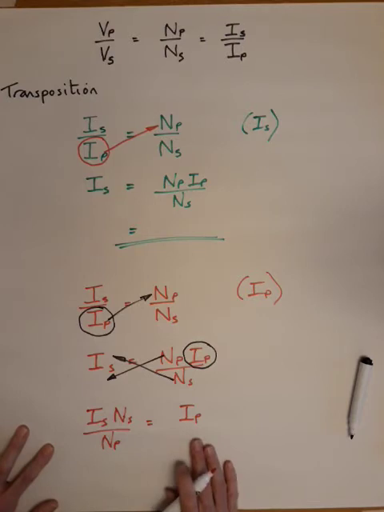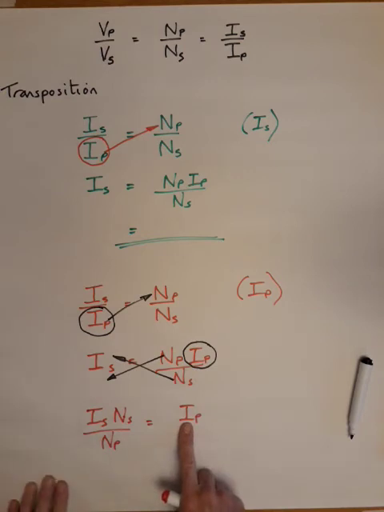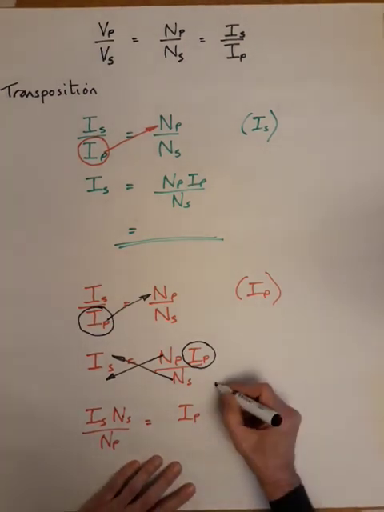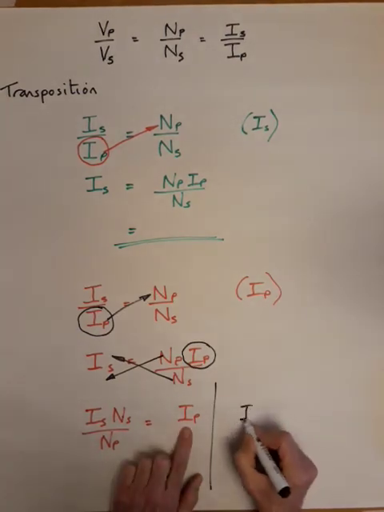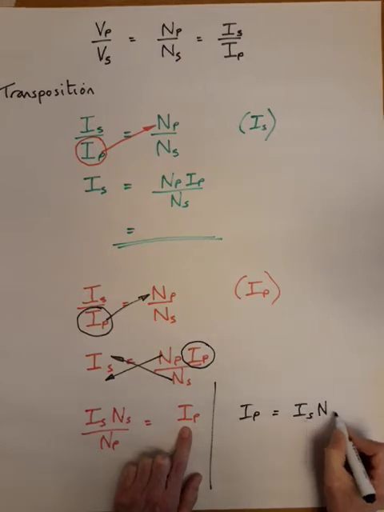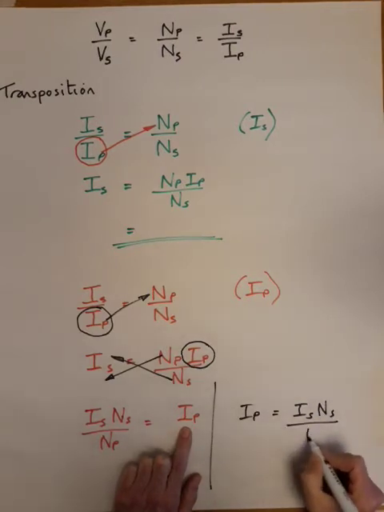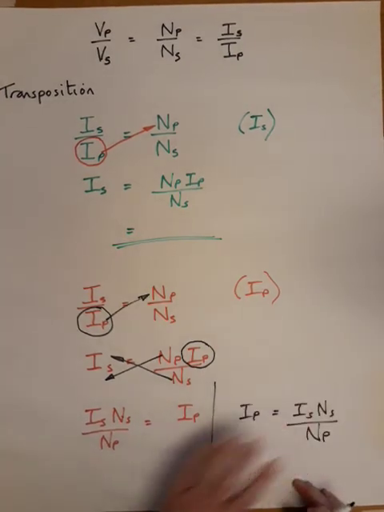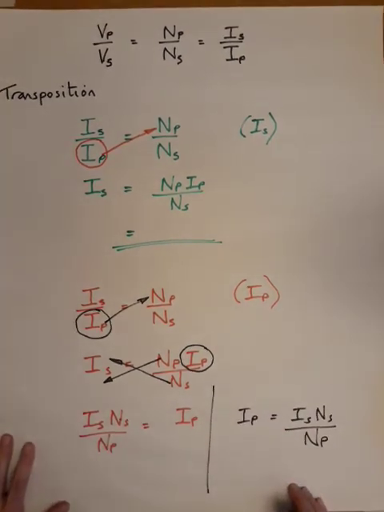So this is fine, this is correct. However, we would normally write the subject on the left and the remainder of the equation over on the right. So we would normally write Ip equals Is Ns over Np, subject on the left, the remainder of the equation on the right.